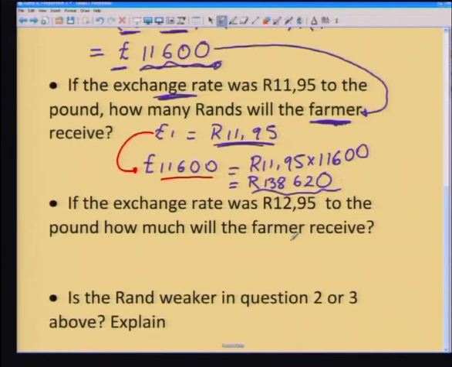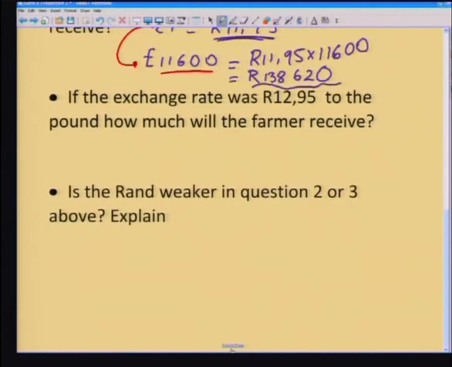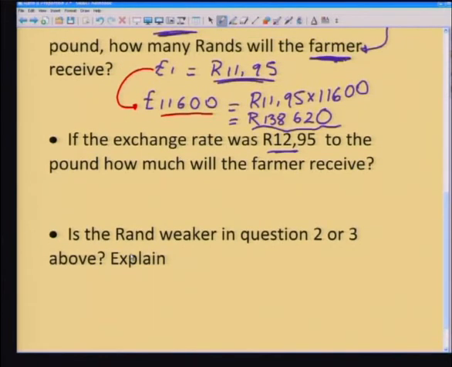Okay. They now change the exchange rate. They say, if the exchange rate was 12.95 to the pound, how much will the farmer receive? All that's changed here, it's exactly the same question. The only thing that's changed is your exchange rate. So £1 is now equal to 12.95 rand, and before £1 only cost 11.95 rand.